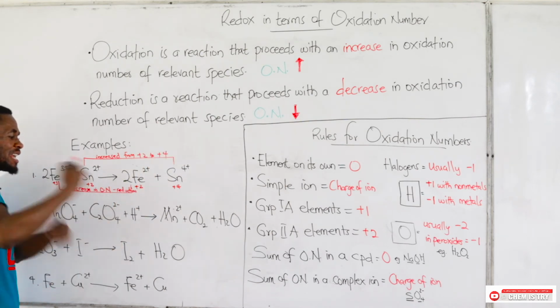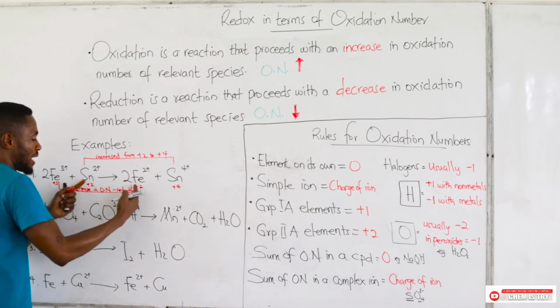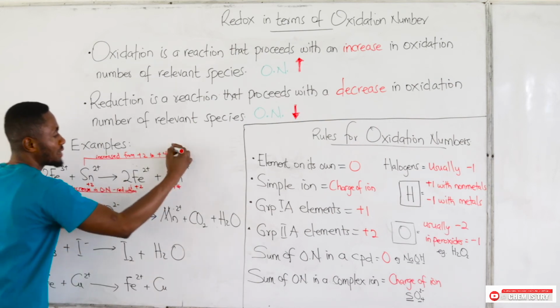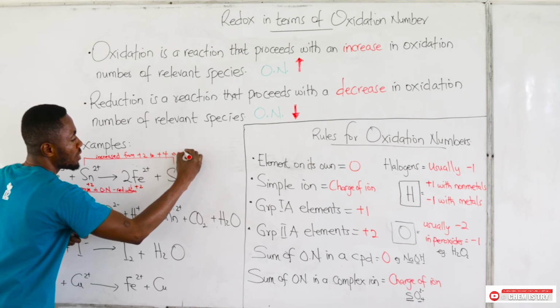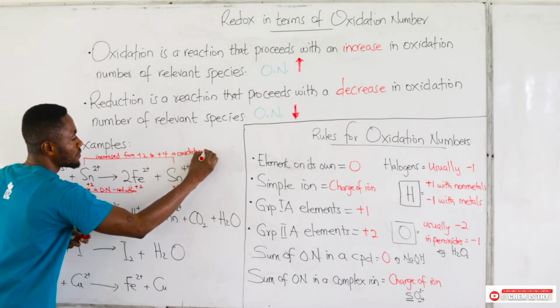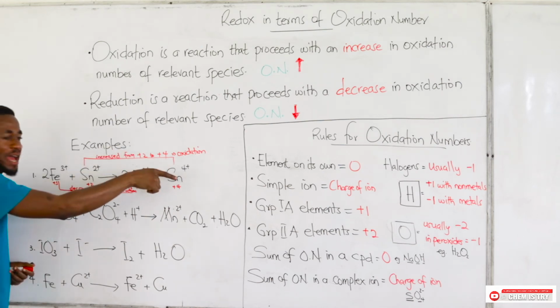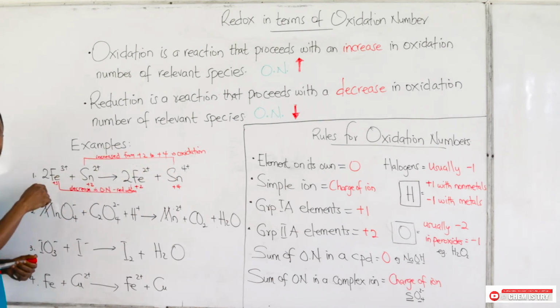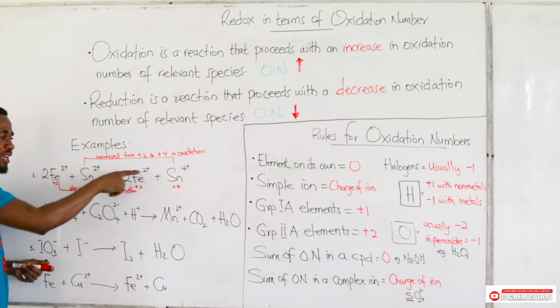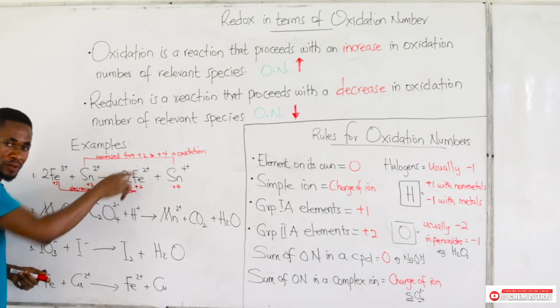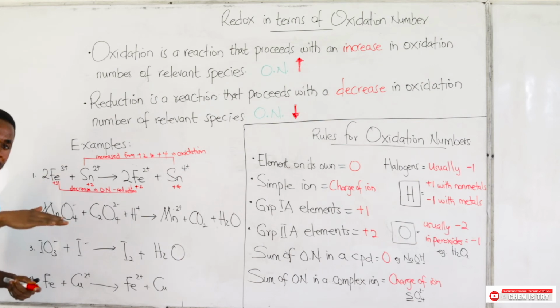And since there's an increase in oxidation number, we are saying tin is now undergoing oxidation. So we can say that tin 2 has been oxidized and iron 3 has been reduced. Now it makes sense, reduced because the oxidation number has reduced from positive 3 to positive 2. So there's a reduction in oxidation number, which is the same as the kind of reaction it is undergoing, known as reduction.